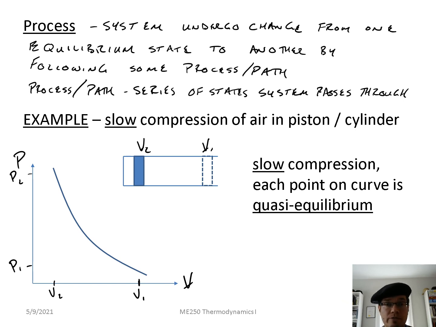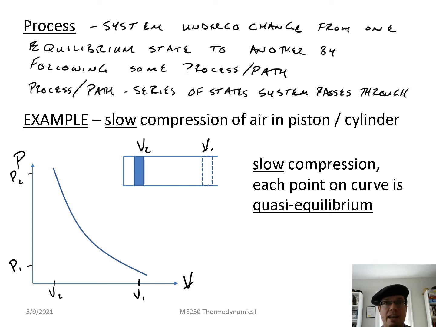That curve is the process path. And that curve is describing the pressure inside that piston cylinder as you push from one volume down to another volume. In thermodynamics, to make progress, to model things, we will often have to consider slow compression.